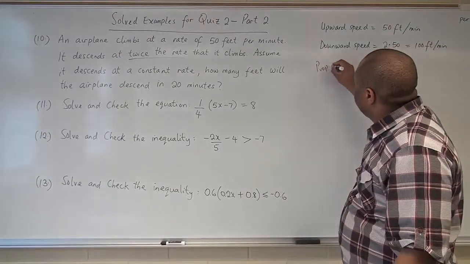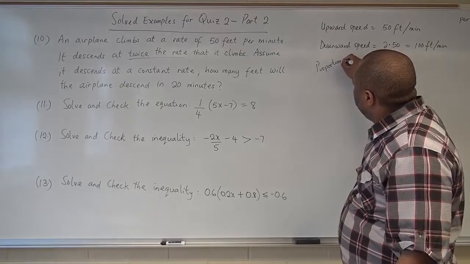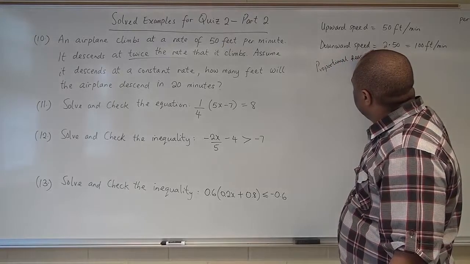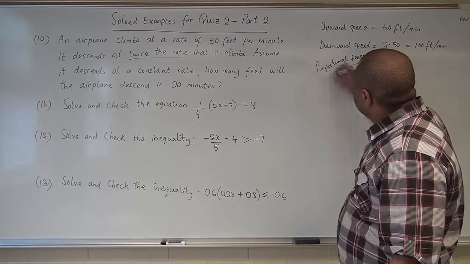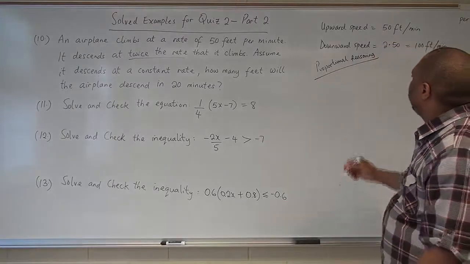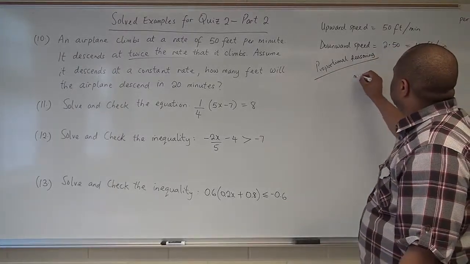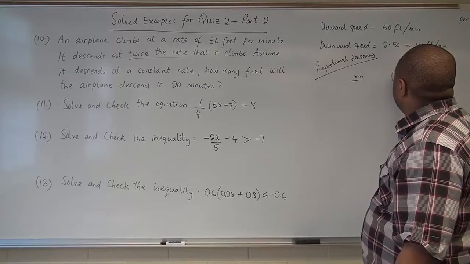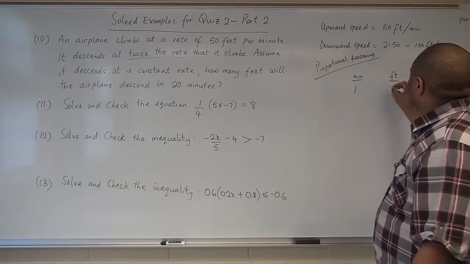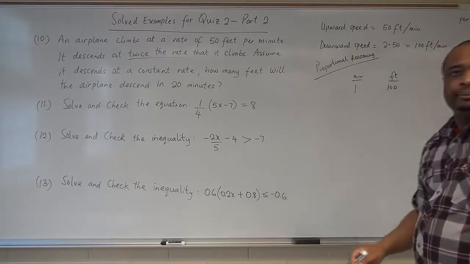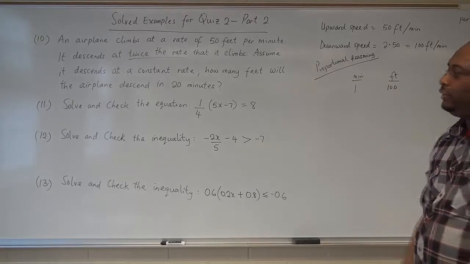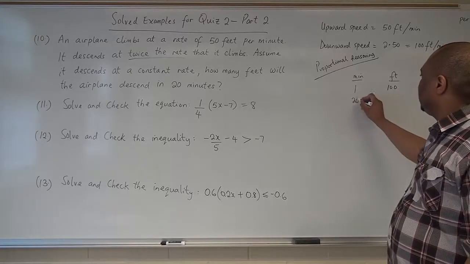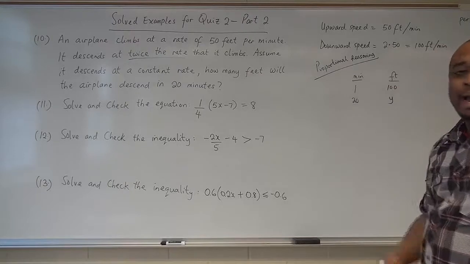If we use proportional reasoning, we did that in the previous videos. What two things are we talking about? A minute and a feet. In 1 minute, it descends 100 feet. So in 20 minutes will be what? We can put y.